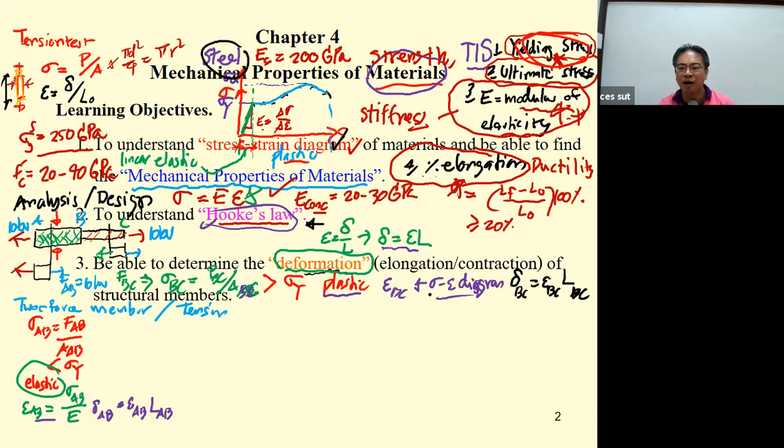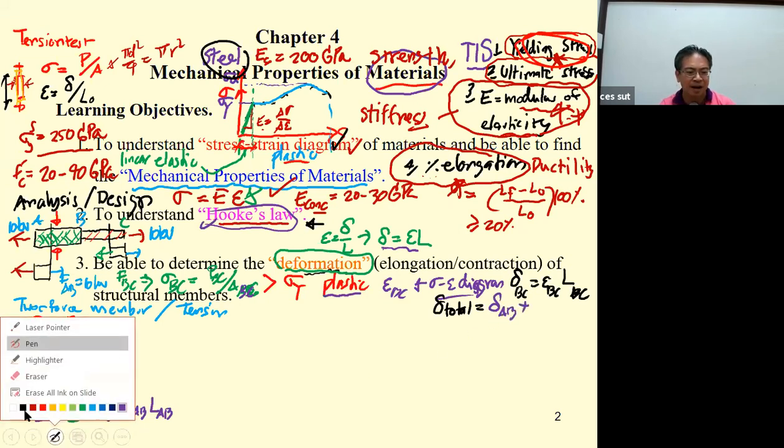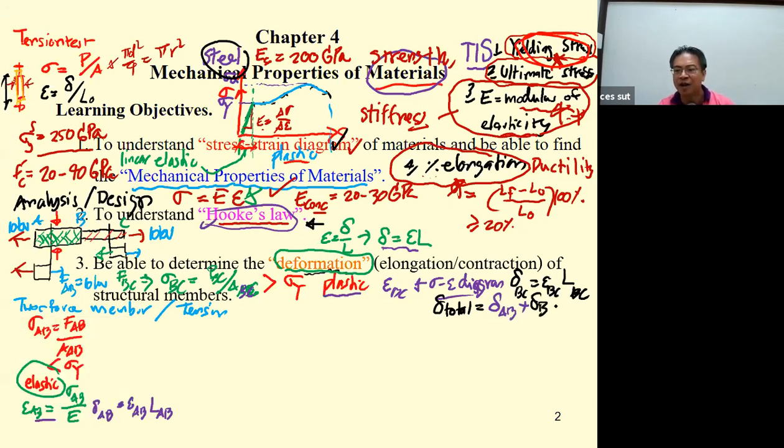And then for the total, we'll just combine what we have: the deformation of AB plus the deformation of BC. This is for the third learning objective.